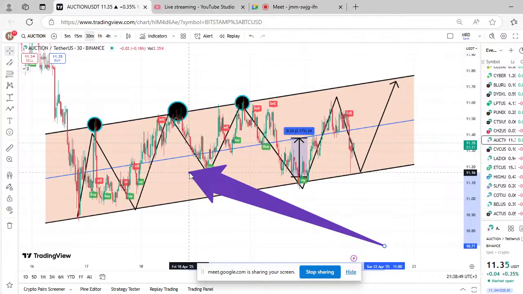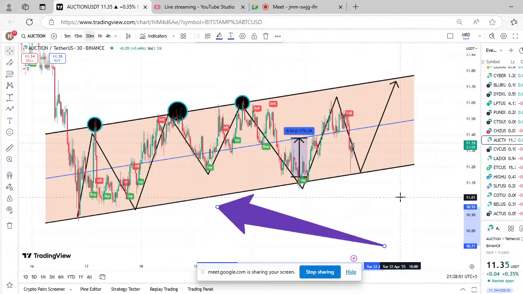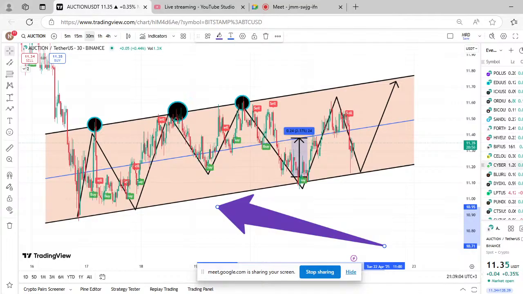Do you know Elliott wave? How many of you know Elliott wave? Asante, have you ever heard of Elliott wave?